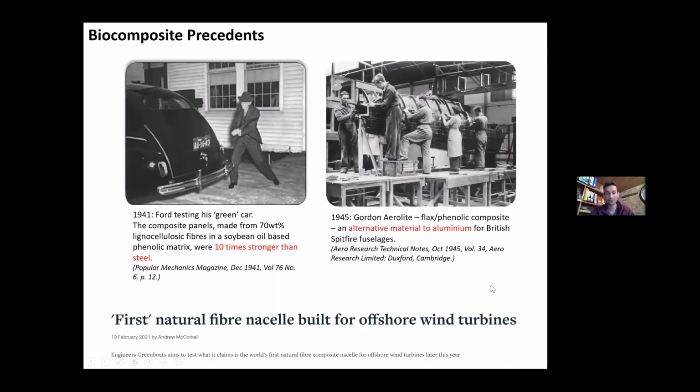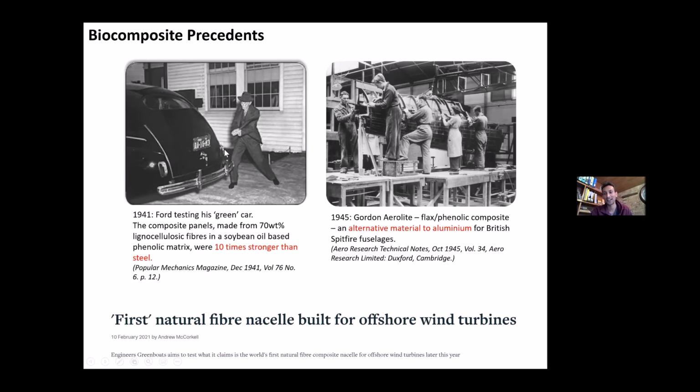Moving on to biocomposites, I wanted to showcase some historic precedents to you as well, in case you're not familiar with them. So you may have come across Henry Ford's green car, which had composite panels that were made from cellulosic fibers, primarily hemp and straw, and also reinforcing a soybean oil-based phenolic matrix.